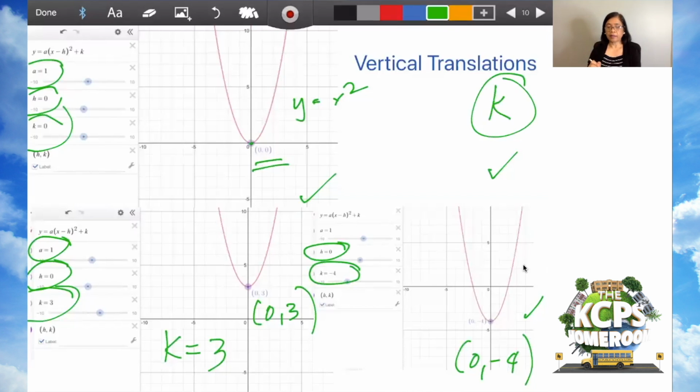So again, this vertical translation, when we change the value of k, moves the graph up or down. Take down some notes before we move on to graphing this using the Desmos calculator.